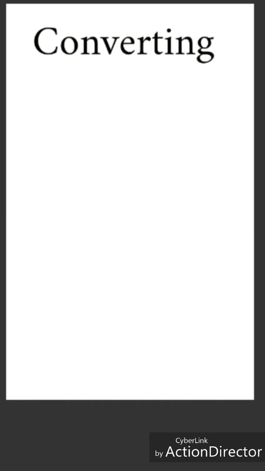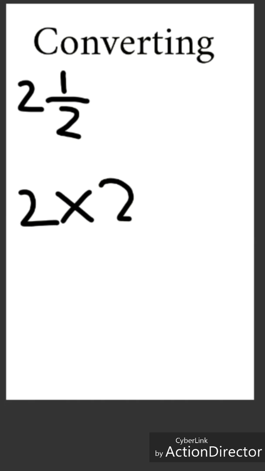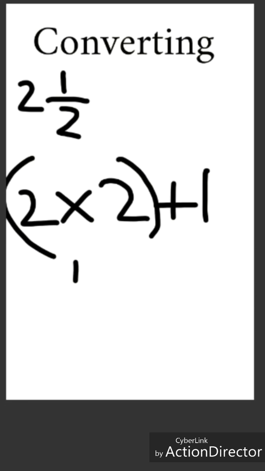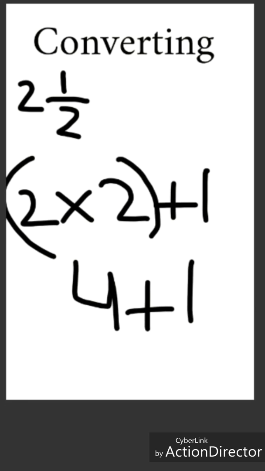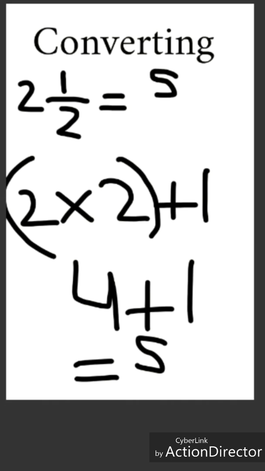If we have 2 wholes and a half, like I showed you before, and we wanted to turn it from a mixed fraction into an improper fraction, this is the really cheeky way: you do 2 times 2, add 1. So 2 times 2 is 4, add 1 equals 5, and then you keep your denominator the same, which is 2, so 5/2.